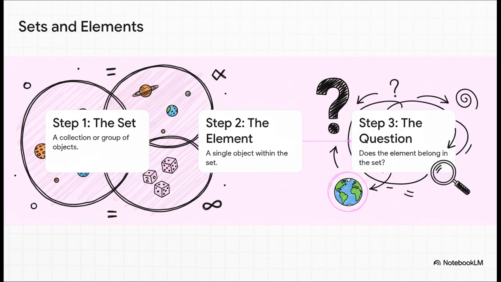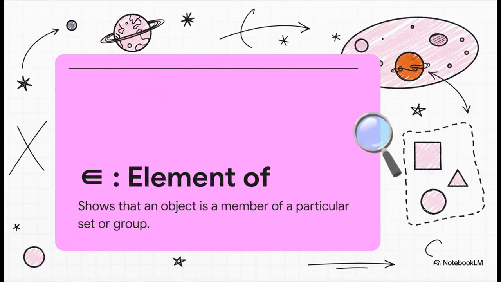So the big question is, how do we write down in math language that a certain song is in your playlist? And this is the symbol for it. It kind of looks like a curvy letter E, which makes it super easy to remember. E for element. So if you see this symbol, you can just read it as "is an element of." Simple as that. Suddenly, you're not just looking at symbols. You're actually reading a sentence.